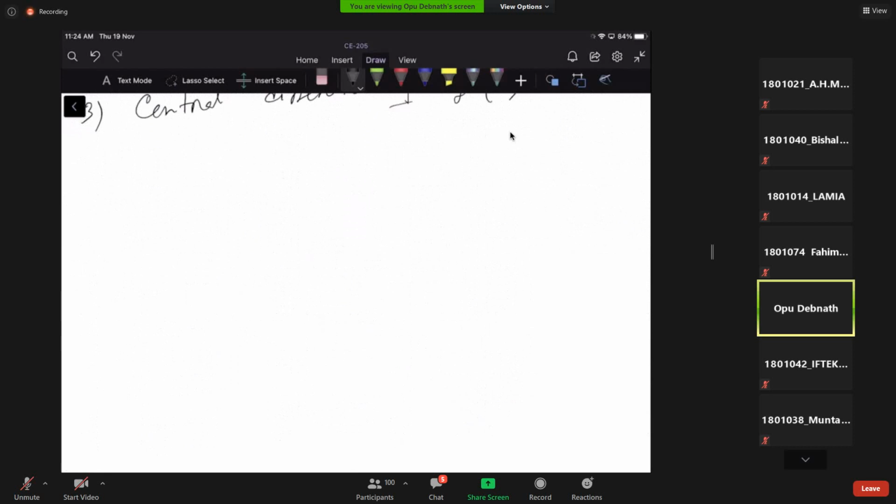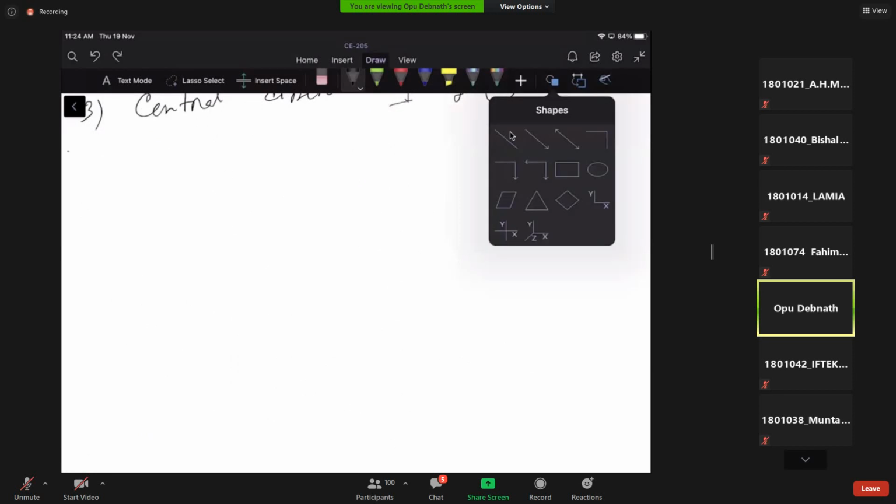So let us construct the basics of the difference table. First I would like to form a difference table.